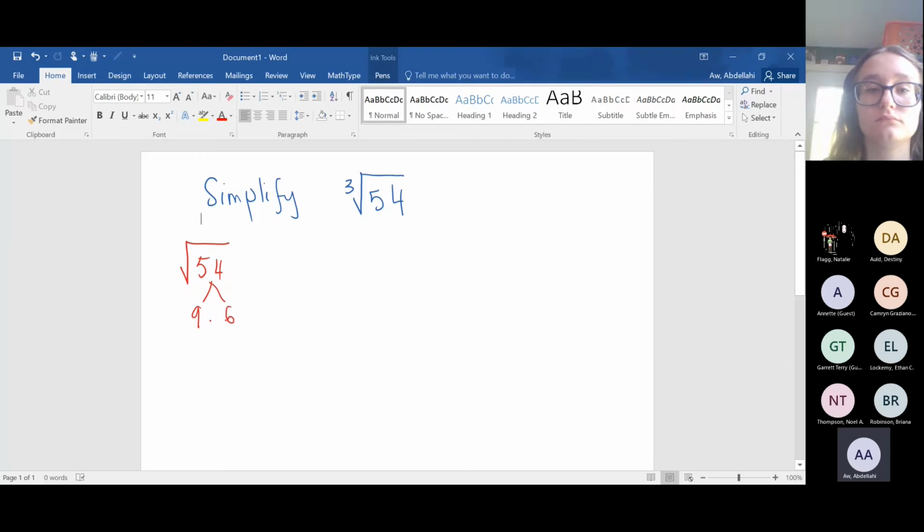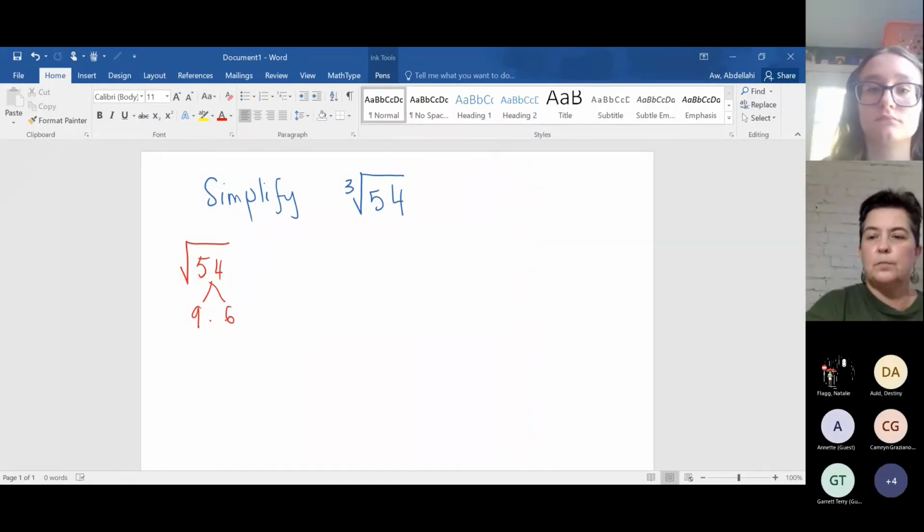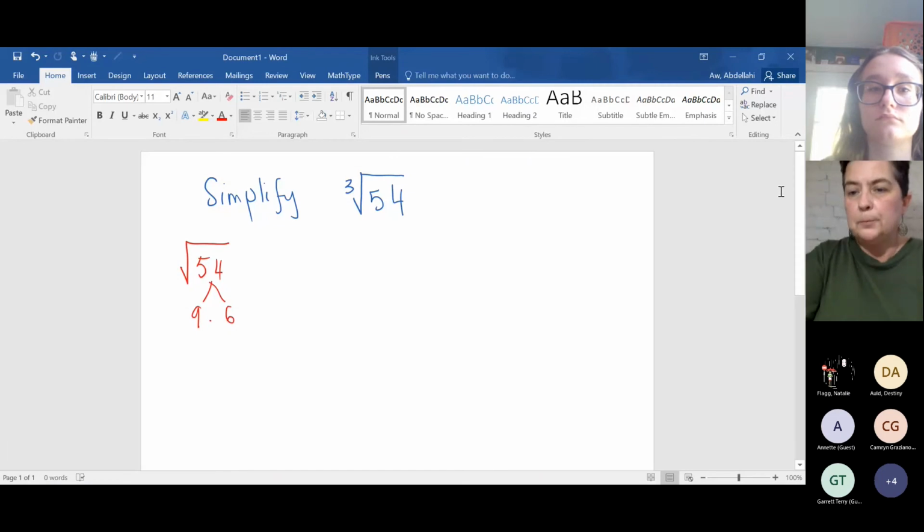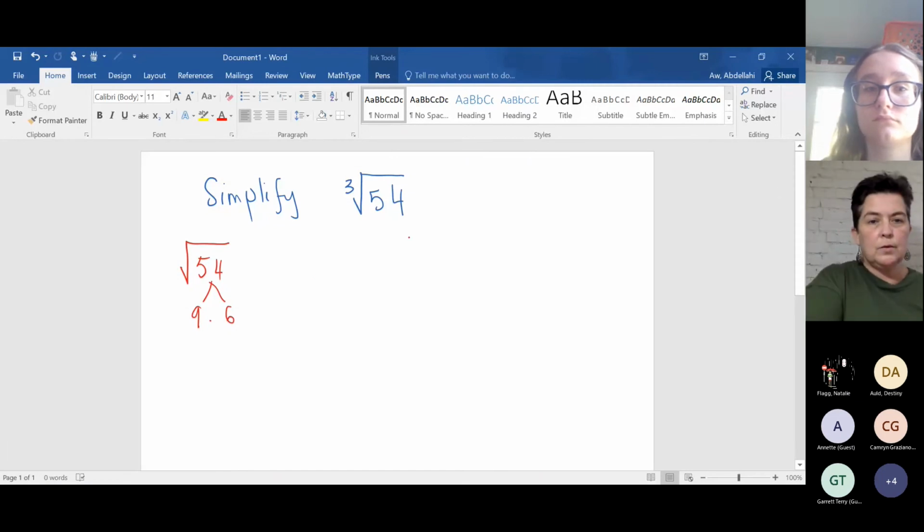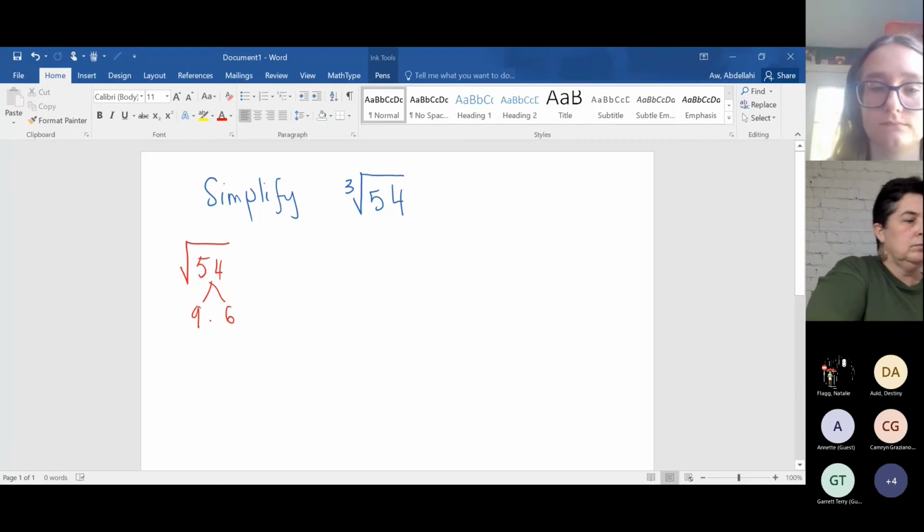But here, are we interested in perfect squares or perfect cubes? We are interested in having two numbers, and one of them to be a perfect cube. So in that case, will 9 and 6 help me?